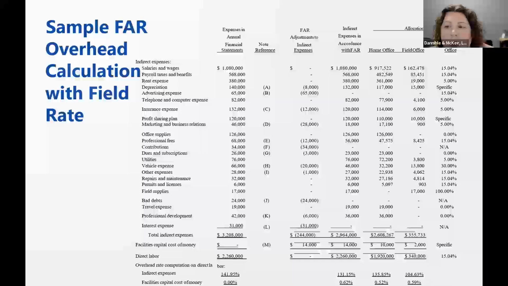So you can determine, for this instance, that 15% was allocated to field. Maybe there's specific equipment that you're depreciating that's specific to field, and so you take that depreciation expense and allocate it specifically. But most of the time you're allocating it based upon a percentage. And then you come down to your overhead rate. You can see at the bottom, your field rate is 105 versus your home office rate of 136. Obviously, the field is a lot less because you're not absorbing as much overhead cost.